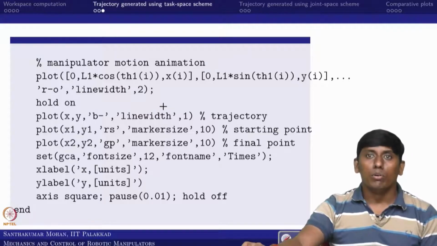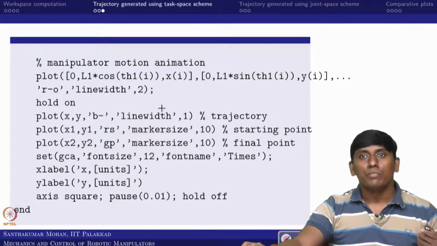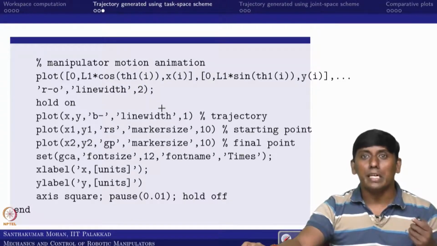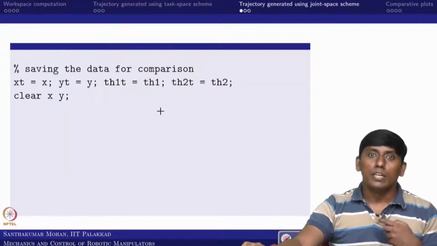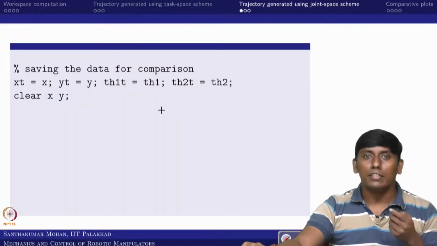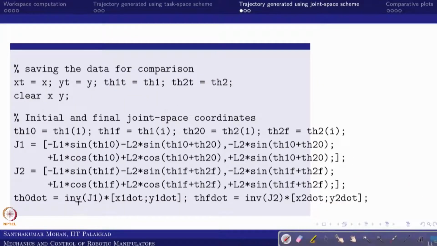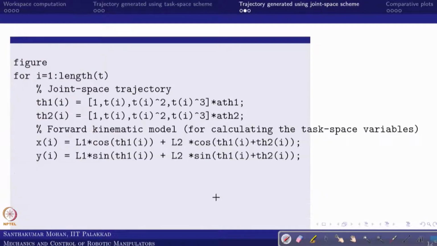Just to show that, we will first finish the entire thing, then go to MATLAB. The second case, we are trying to save this data. The second case is where we take the inverse kinematics, then inverse differential kinematics, where theta 0 dot and theta final dot of individual cases are found. Once these are found, we can generate the trajectory.